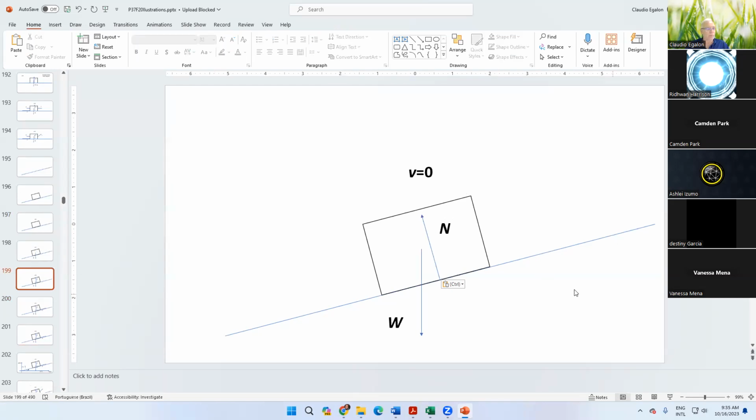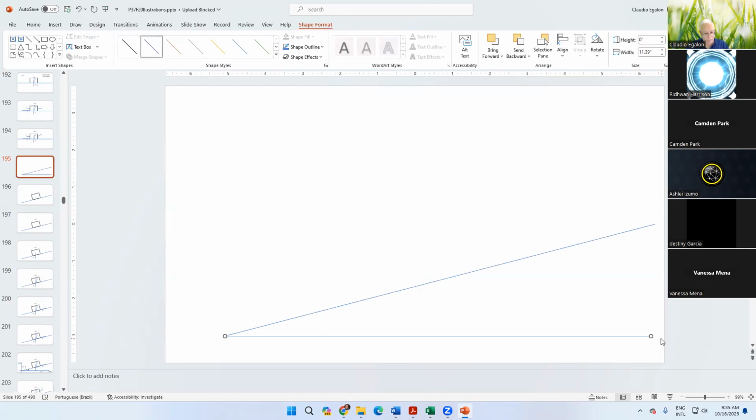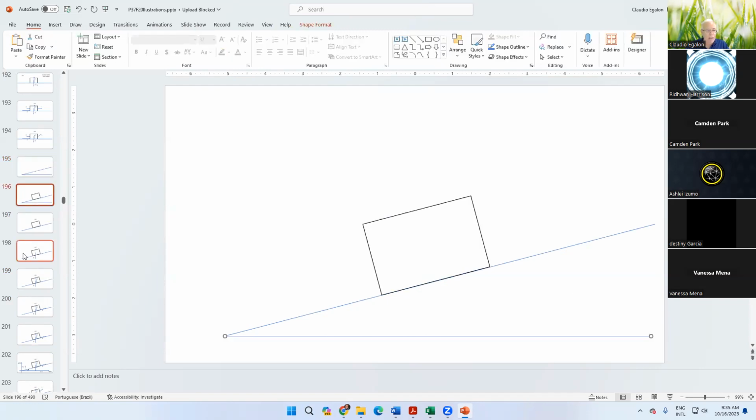Okay? And I'm going to do even better. There's one more thing here that I'm going to do, which is to put a flat surface here. I'm going to put it in every one that you have. Okay, here you go. This one, this one, this one, this one. Yeah, this one too. And because the object is at rest, you must have a frictional force here.